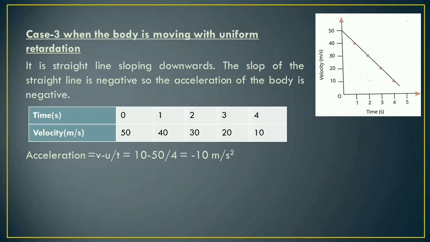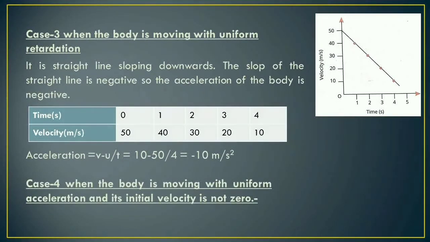Clear? Now our next case is when the body is moving with uniform acceleration and its initial velocity is not 0. First we saw in case second, when the body was moving with uniform acceleration but its initial velocity was 0. But here the difference is that the initial velocity is not 0.